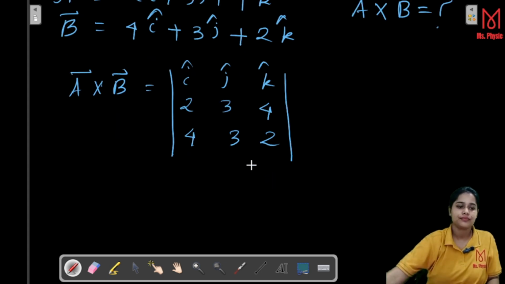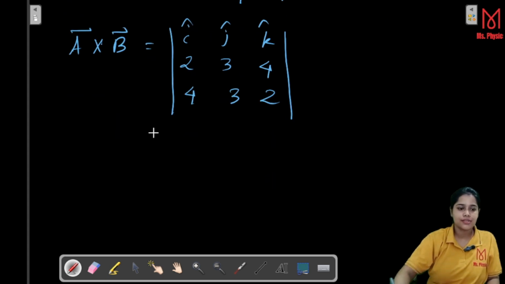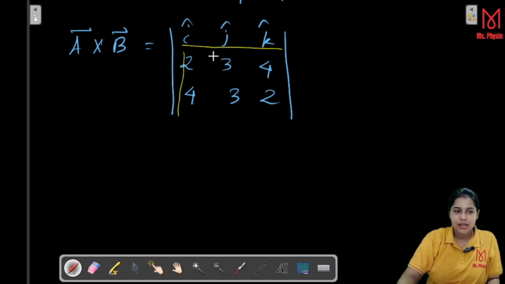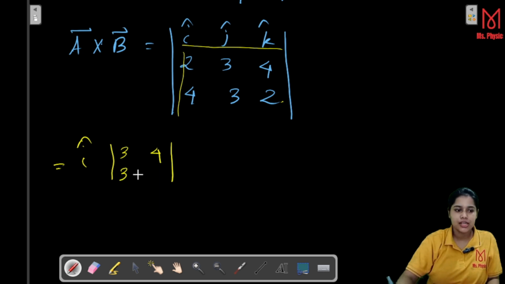Right? After that, you see that i lies in the first column, first row. Therefore a 2 by 2 matrix is left. So I will write here i, and that 2 by 2 matrix, that is 3, 4, 3, 2.